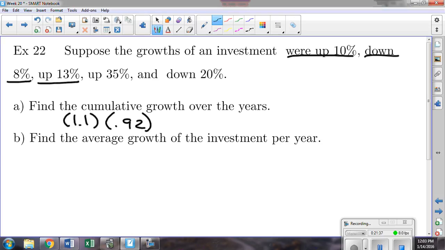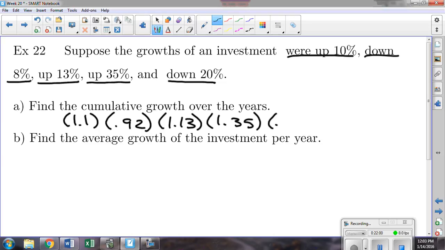Up 13%, that's 1.13. Up 35%, that's a great year, 1.35. And down 20%, 20% off of 100% is 80.